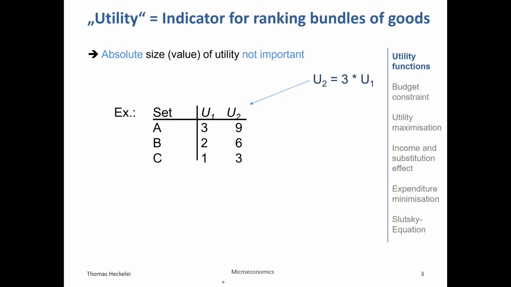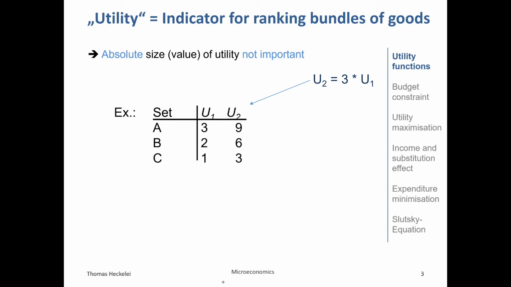Now comes a second person. This person has for each basket 3 times as much utility as the first person. So his or her utility is 3 times the utility of the first person. However, the ranking stays the same.